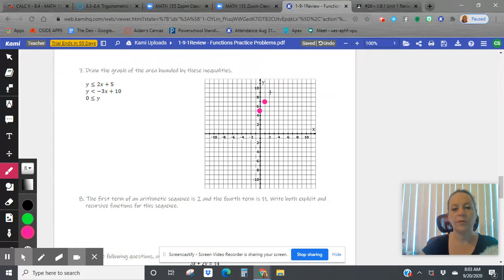up 2 over 1, or down 2 back 1. And then let's connect that with a straight line.